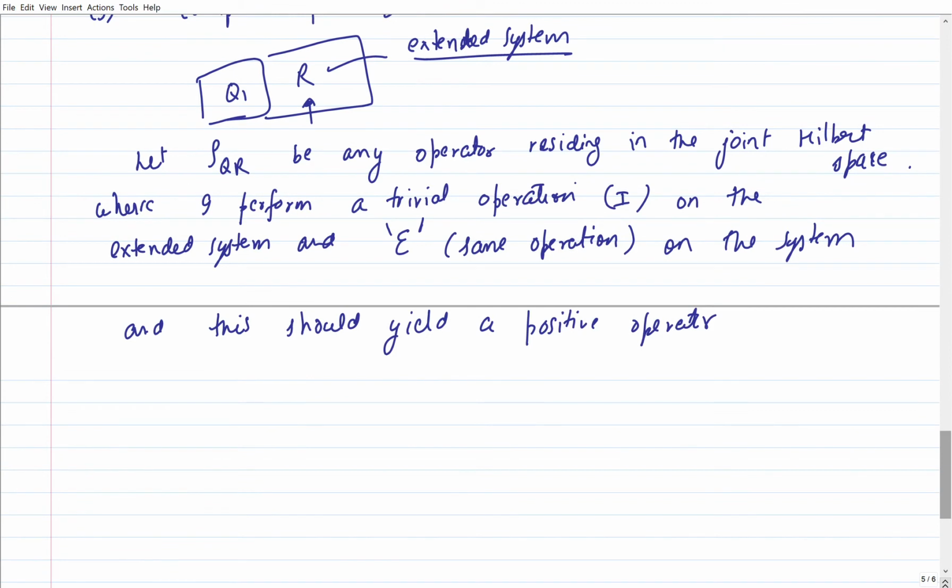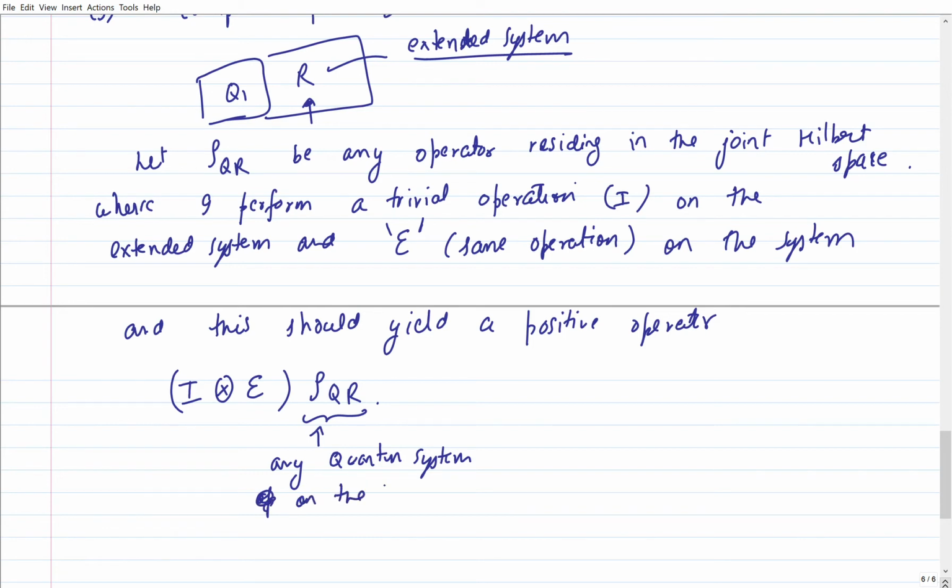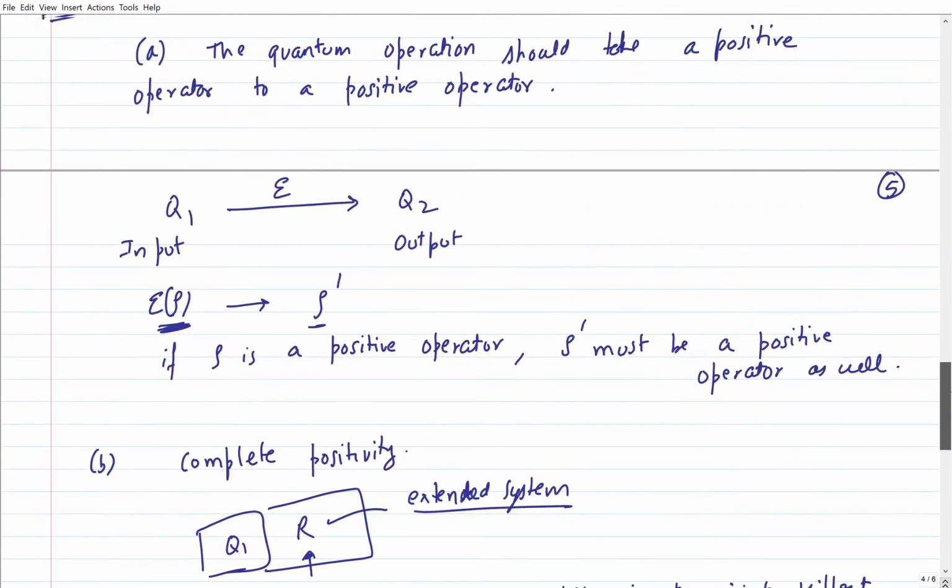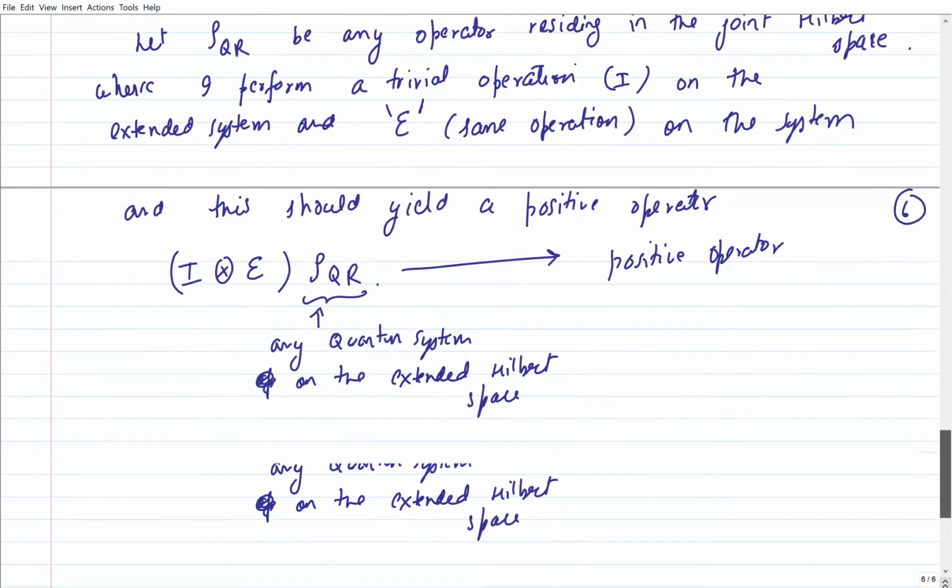So mathematically speaking, that essentially means I have a trivial operation on R and the same quantum operation on the system, and this is any quantum system on the extended Hilbert space. This should give me a positive operator. This condition A3, which I would call, is known as complete positivity.